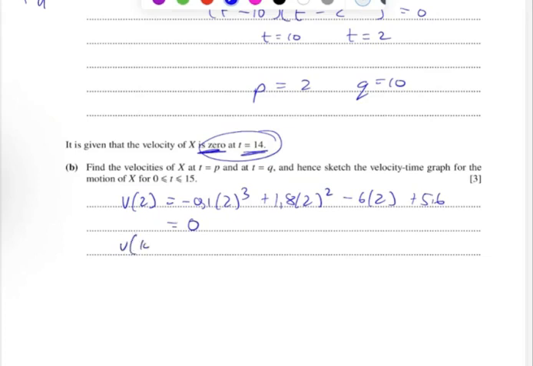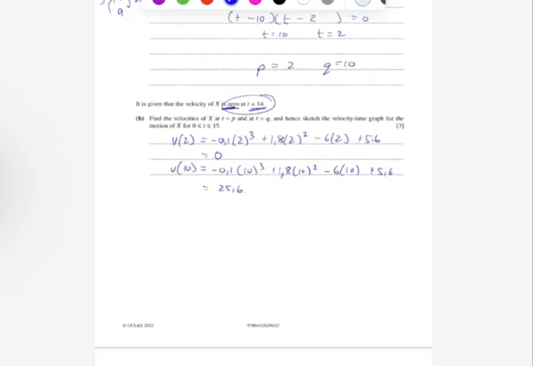And my velocity at 10 is minus 12.1 times 10 to the power 3. That is a velocity of 25.6. Okay, and hence sketch the velocity time graph.